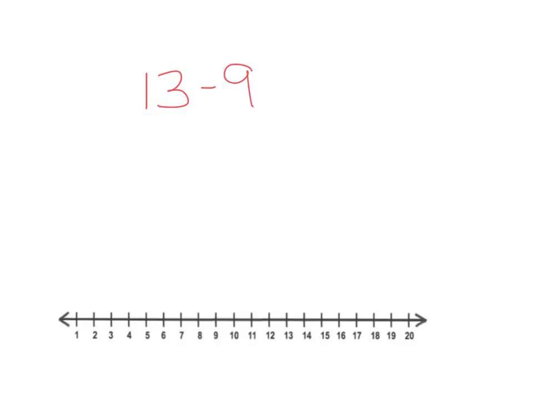Well, I'm going to start at 13, and I'm going to go back to 10. Now to get to 10, I know that I went back 3 numbers. So that means I have 6 more I need to go back. Well, 1, 2, 3, 4, 5, 6. Lands me right here on number 4. So 13 minus 9 is 4. So our goal is to get to 10. Once we've gotten to 10, count back that number.